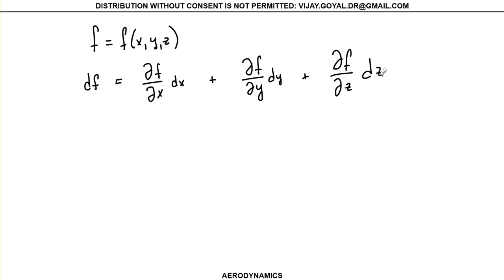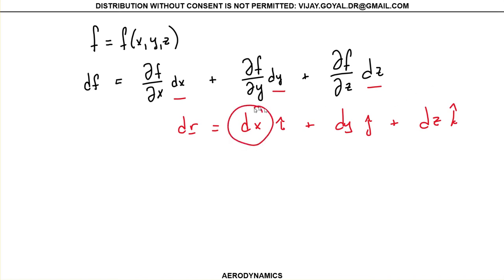This is using Taylor series expansion and keeping the higher order terms out. Now realize from here the following, that these terms are included in my vector dr: dx i plus dy j plus dz k. You can see these same quantities are included there. Now, another property that you can remember, what is the gradient of f?